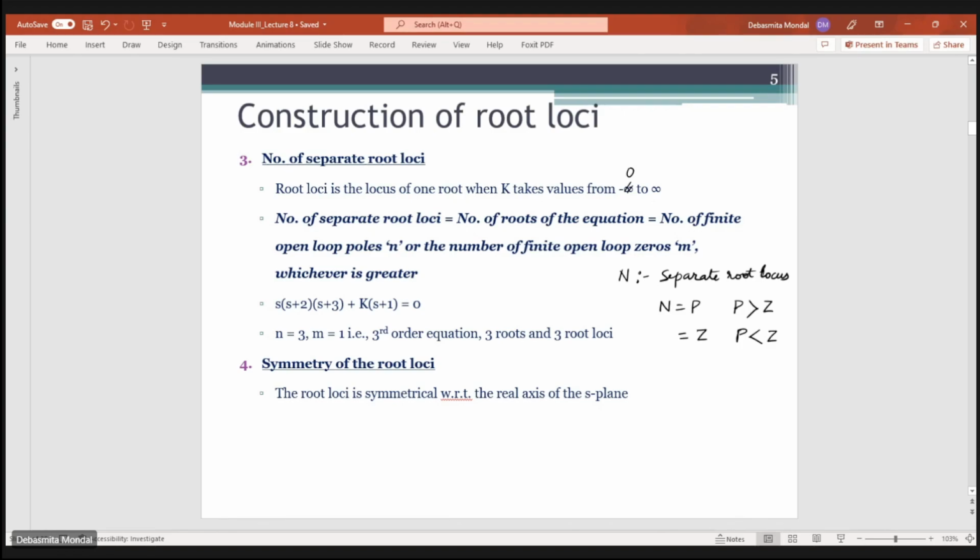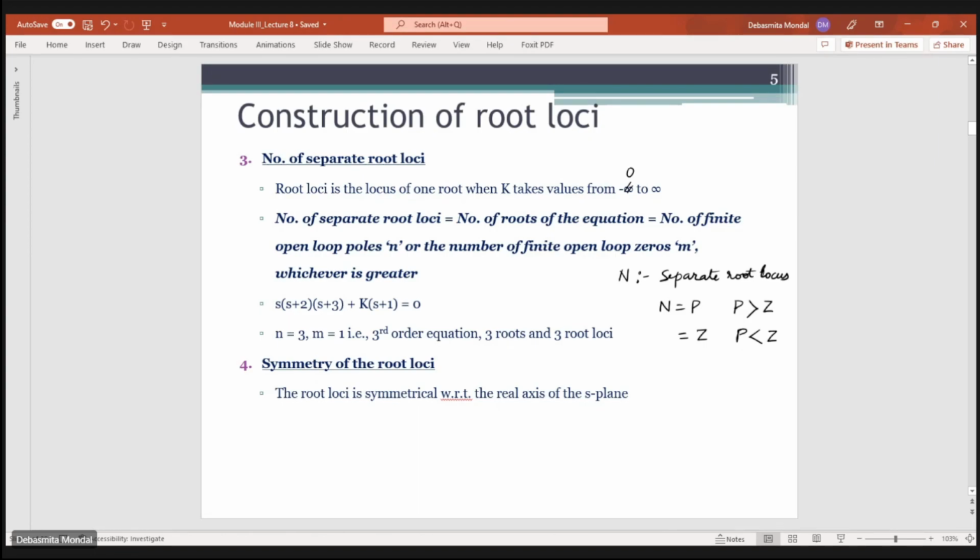Okay, then the fourth point is the symmetry of the root loci. The symmetry of the root loci is a property of the root locus. You can say that the root locus is always symmetrical with respect to the real axis of the S-plane.